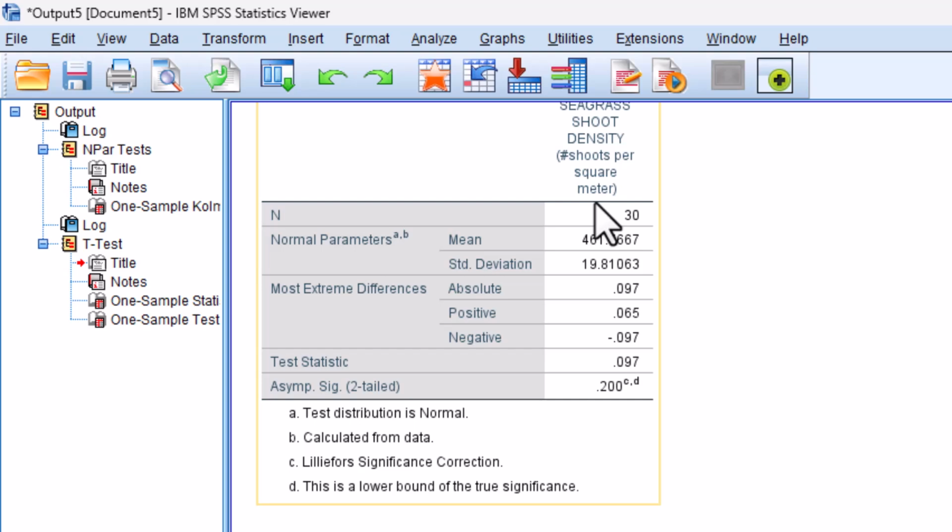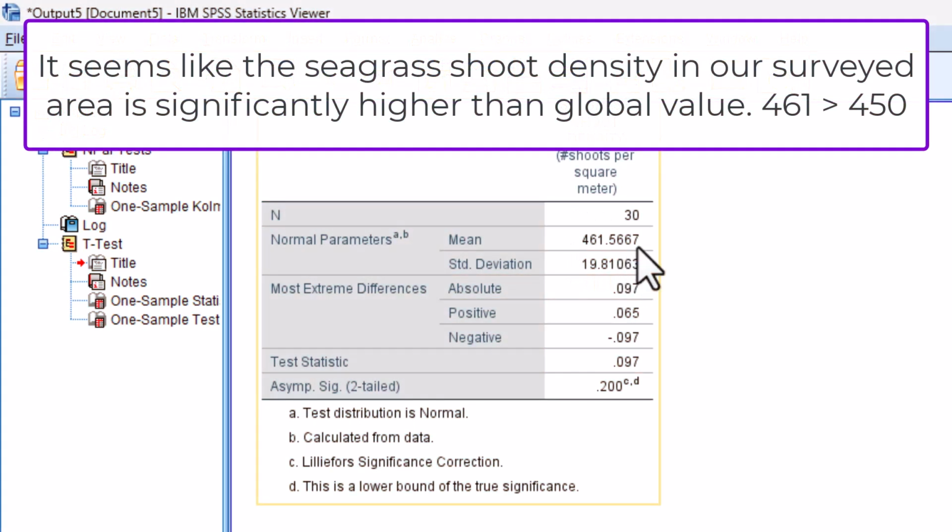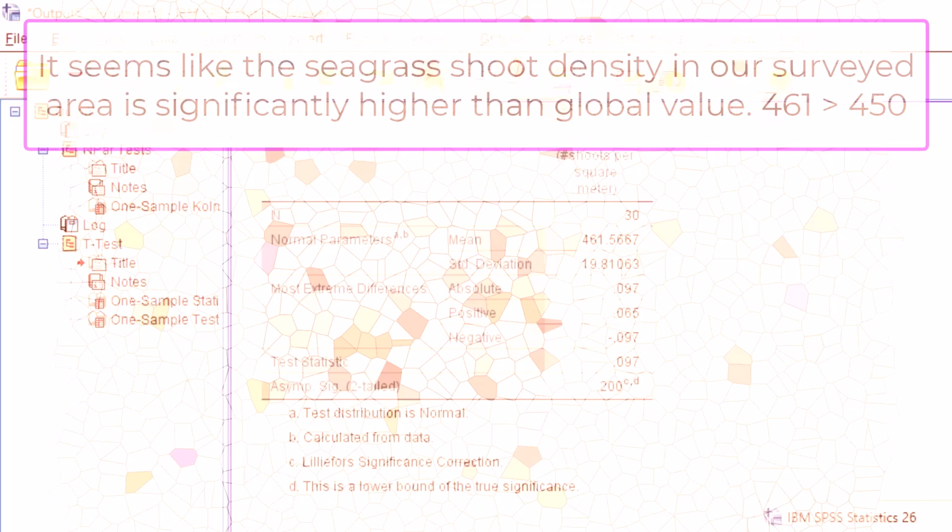Therefore, we can conclude that yung seagrass shoot density in our area of interest is higher than the global value, which is 450 shoots per square meter. So maybe this can tell something about the abundance of seagrass in our area. Okay, we're done with the assignment.